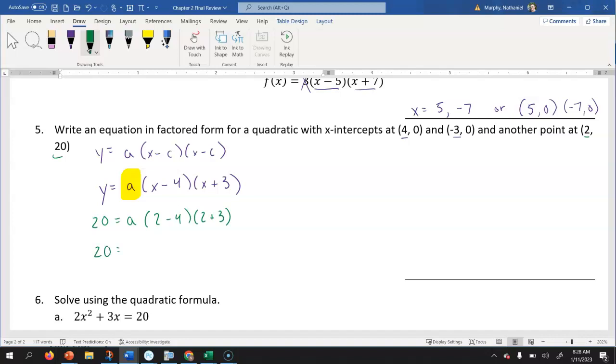Well, 2 minus 4 is negative 2, and 2 plus 3 is 5. So this would be the same as saying 20 equals negative 10a. If I divide both sides by negative 10, I get that a is negative 2. So my equation would be y equals negative 2 times (x minus 4) times (x plus 3).